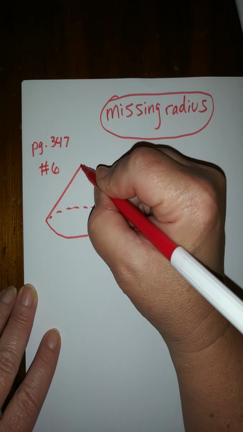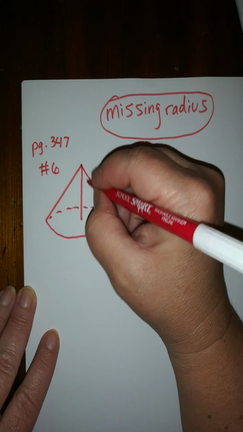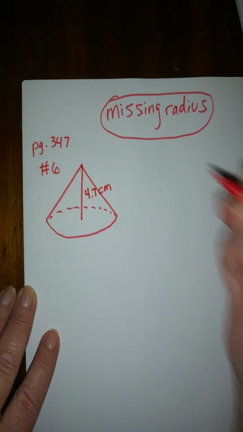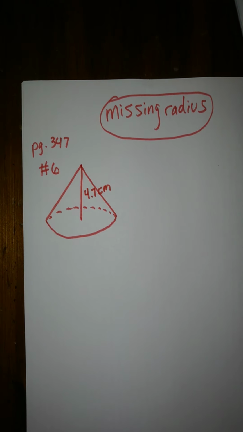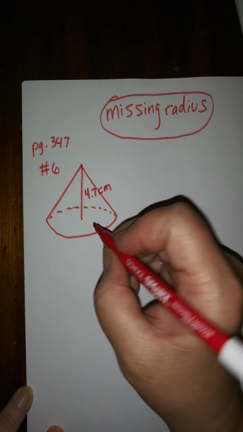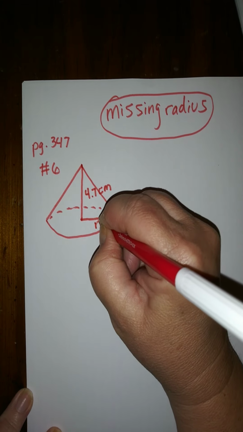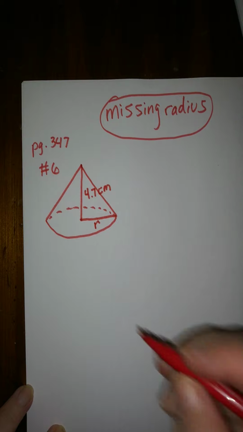So the dimensions they give us, the height is 4.7 centimeters. Remember, it doesn't matter if you have a decimal. It's okay because it works the same. Decimals are just numbers between 0 and 1. The radius we don't know, so we're just going to leave that as r.